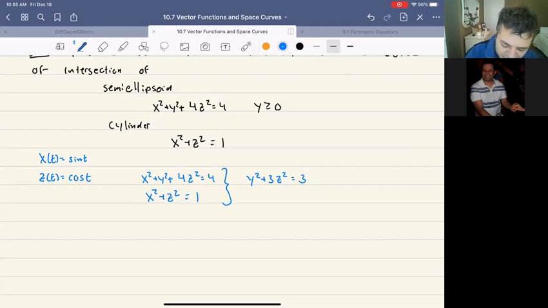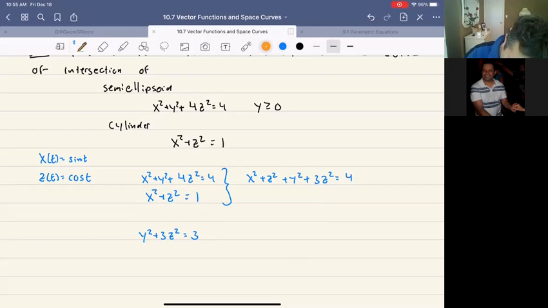What am I doing here? Basically, I'm taking this first equation and writing it as x squared plus z squared plus y squared plus 3z squared equals 4. And I have x squared plus z squared equals 1, and I'm just subtracting it off.